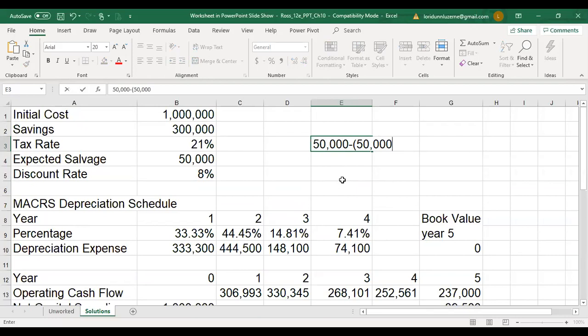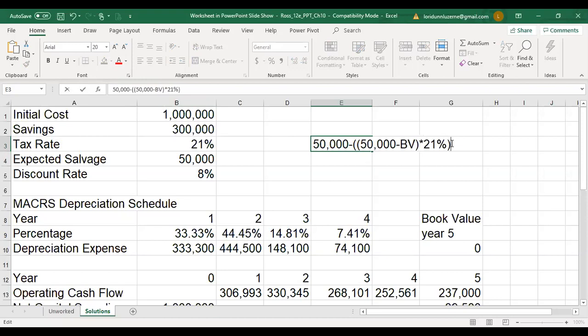How do we calculate that? The 50,000 we're receiving minus the book value. And there should be, actually, you could put this at the end if you wanted to, of this. Take that difference, multiply it by 21%.